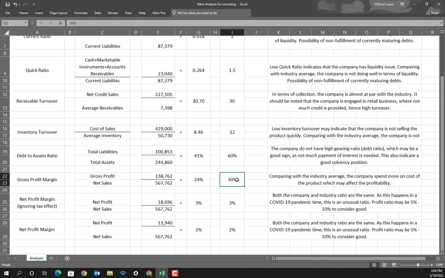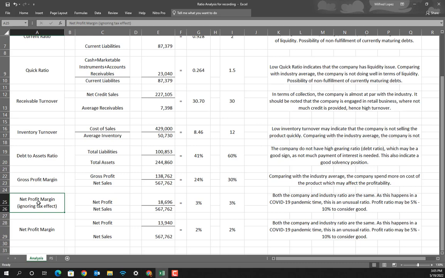So the issue here is why the company is spending so much. If you have a low gross profit, it means that you have high cost over the product. So the question is, why are they spending so much on product compared with the industry? This will have a relationship with profitability.